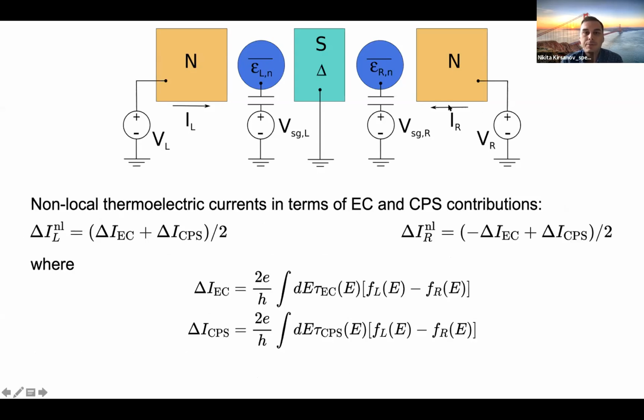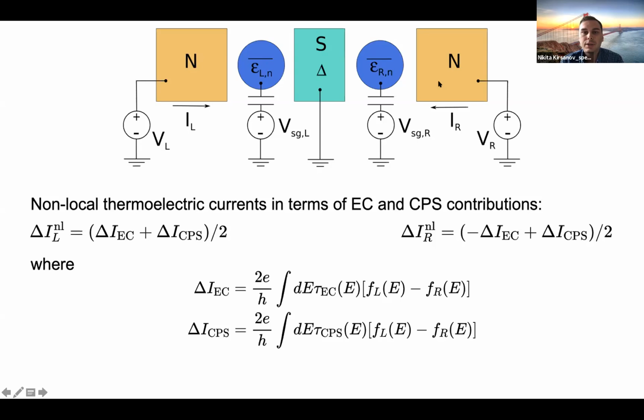Then, with thermoelectricity, we first have a local thermoelectricity, which appears due to the temperature difference between the normal lead and the superconducting lead. This is not very interesting. But we also have the non-local thermoelectricity, which appears due to the temperature difference between this and that normal lead.